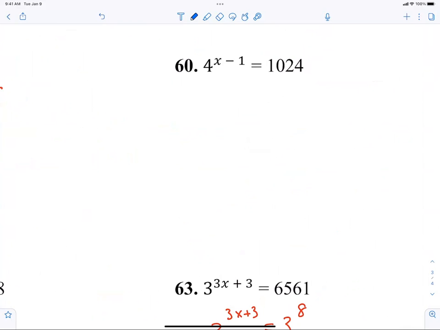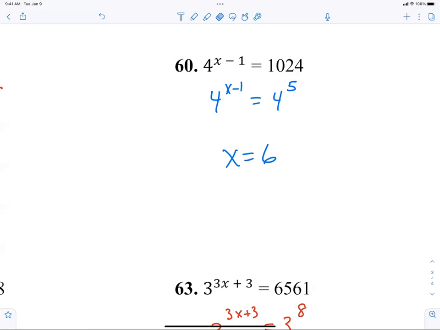Wait, do we always have to write like that? Yes, that's what I was saying. So I want 4 to the x minus 1 equals 4 to what? 4 to the 5th. I'm happy. X equals 6. Court, are you with me on this or not?